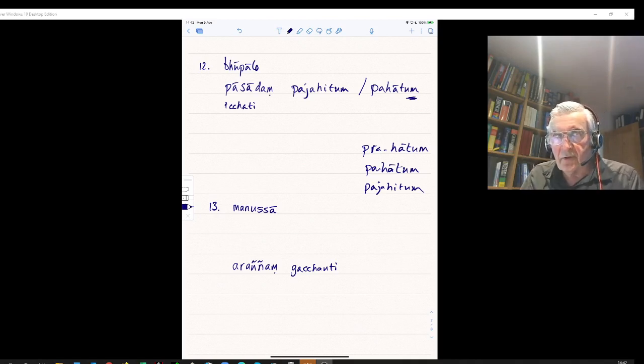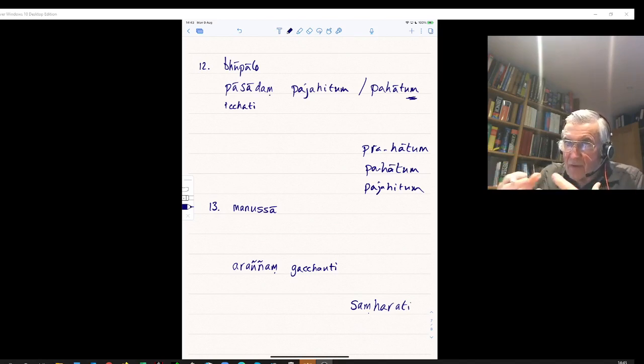So for the children, we're going to put that in the dative, which is identical to the genitive. So that's going to be the genitive/dative plural. So darakanam. And the "together" is samharati. We've got paharati, to hit, and we've had padena paharati, he kicks.